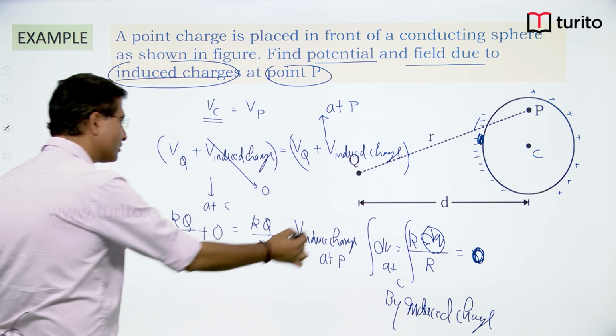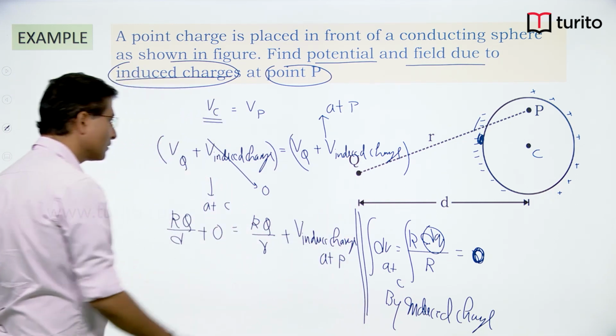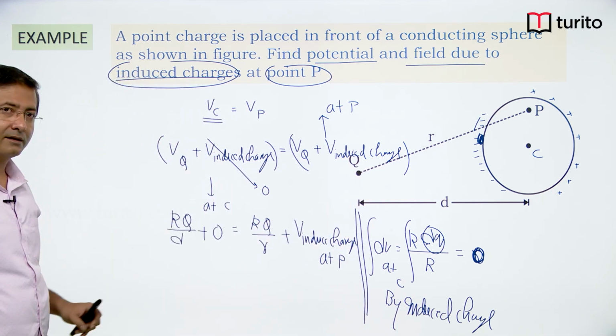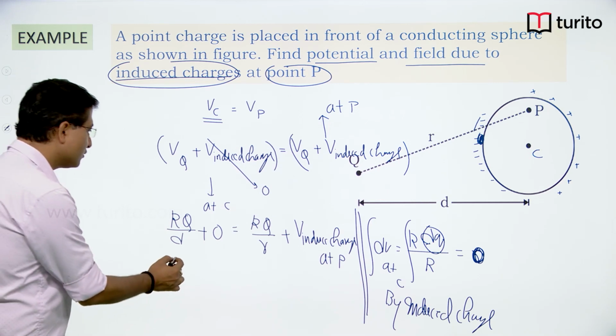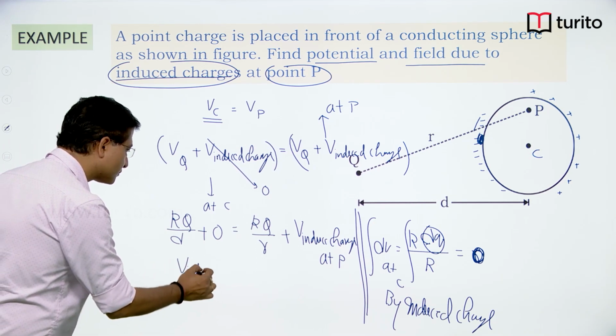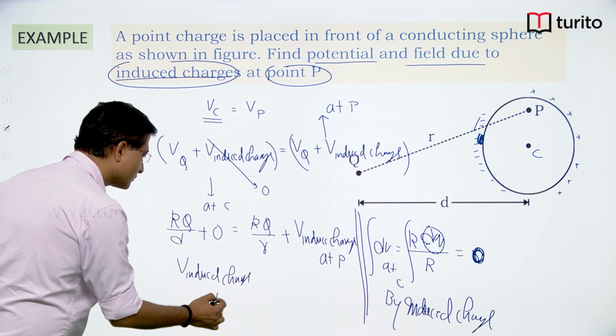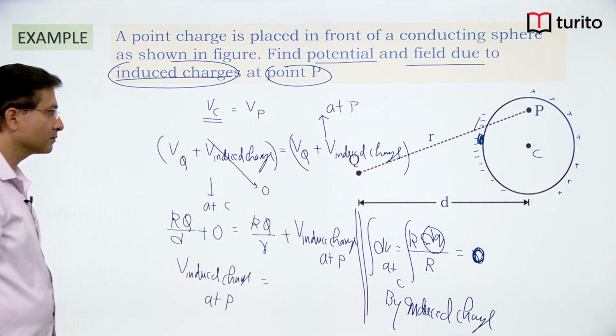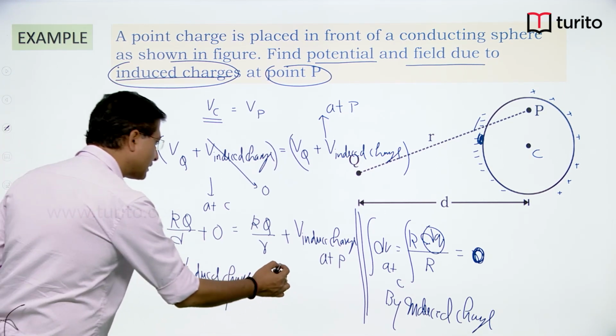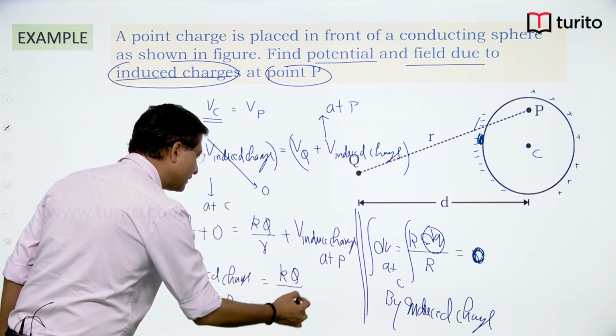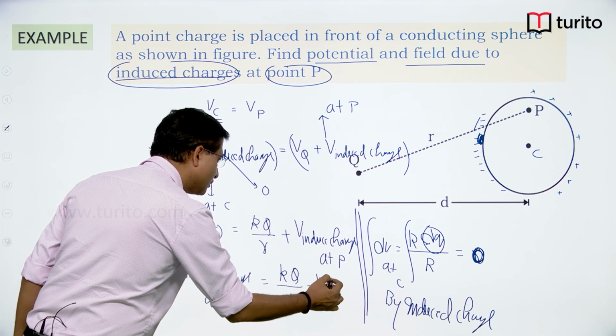So I need to find out this value. So I will get this term on the other side. So the potential due to induced charge is kq divided by d minus kq divided by r.